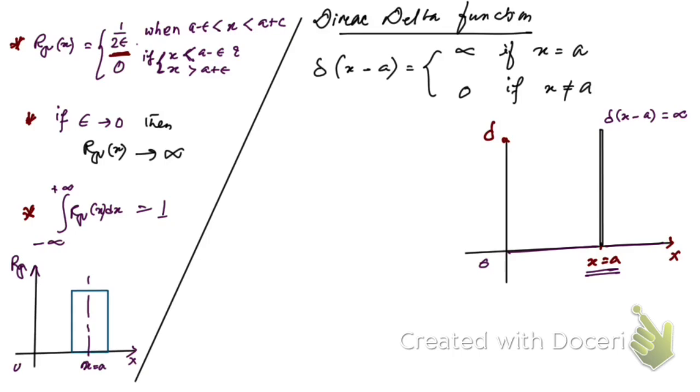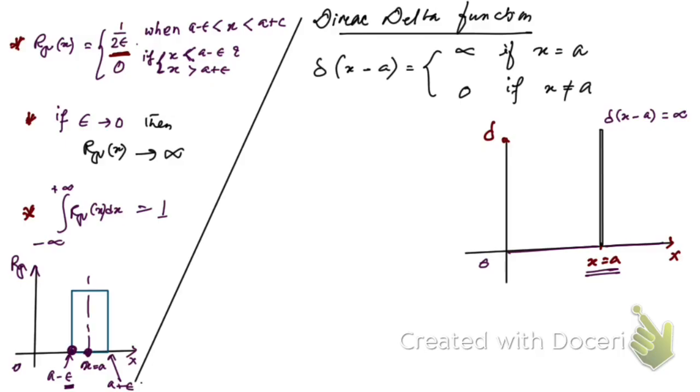Now you see, this point was a minus epsilon and this point was a plus epsilon. And when this epsilon tends to 0, then these points will be very close to x is equal to a.